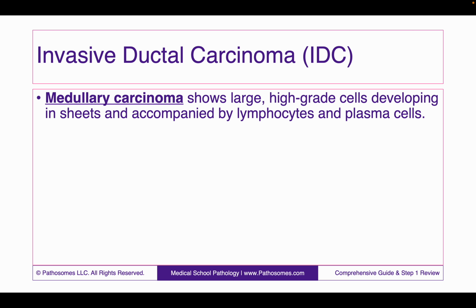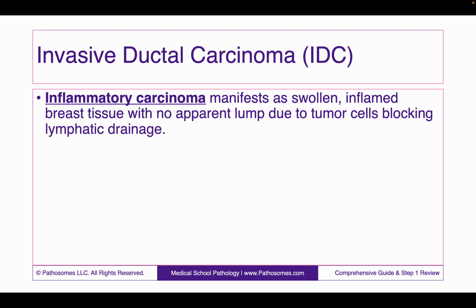Medullary carcinoma shows large, high-grade cells developing in sheets and accompanied by lymphocytes and plasma cells. Inflammatory carcinoma manifests as swollen, inflamed breast tissue with no apparent lump due to tumor cells blocking lymphatic drainage.